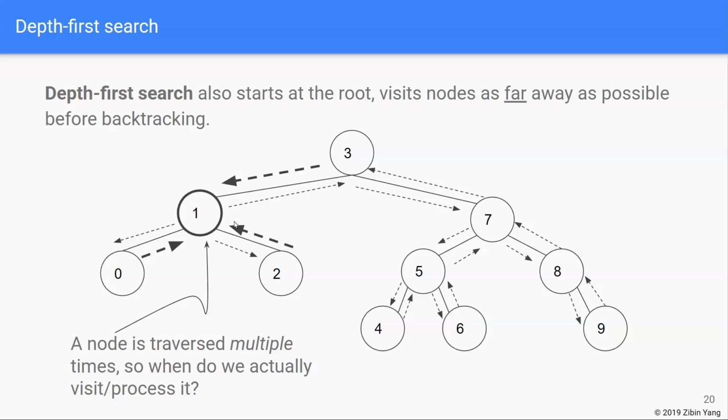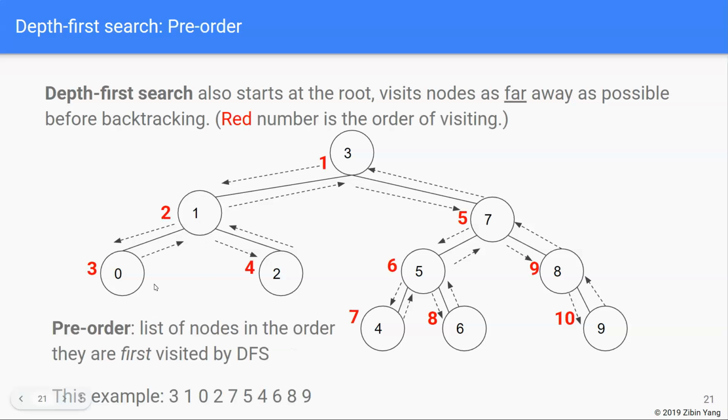So this raises an interesting question: when do we actually visit or process the data in the node in a DFS? We have a few choices, and they might sound familiar if you remember them from the days when we studied binary search trees.